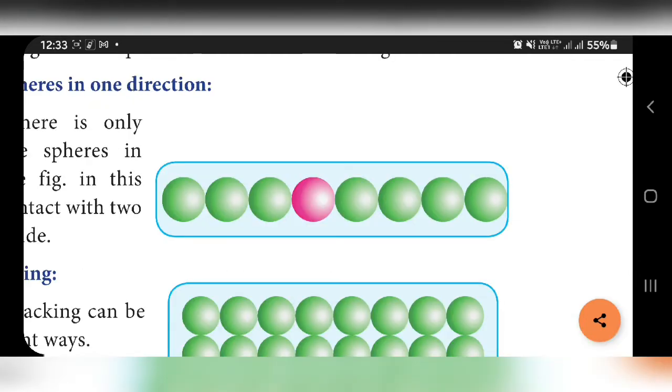See this picture. So in the linear arrangement of spheres in one direction, the only possibility is that each sphere is in contact with two spheres.